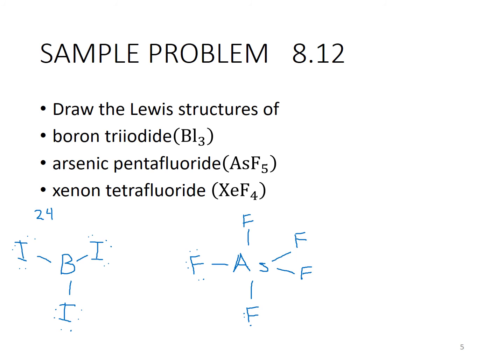We wanted to figure out how many valence electrons we had. So I'm getting a little ahead of myself here, but if you take a look at arsenic on the periodic table, arsenic is a 4s2, 3d10, 4p3.